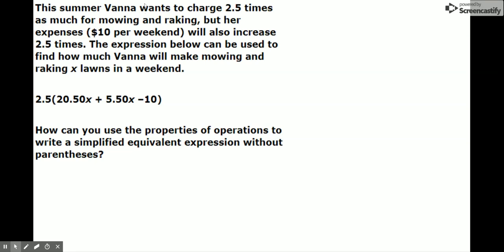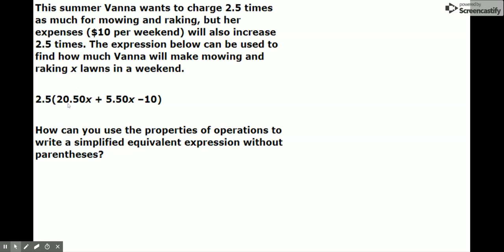All right, this summer, Vanna wants to charge 2.5 times, or 2 and 5 tenths times, as much for mowing and raking, but her expenses, $10 per weekend, will also increase 2.5 times. The expression below can be used to find how much Vanna will make mowing and raking x lawns in a weekend.